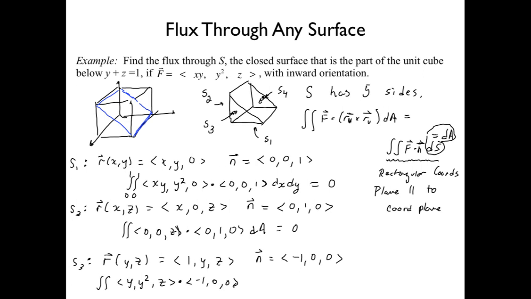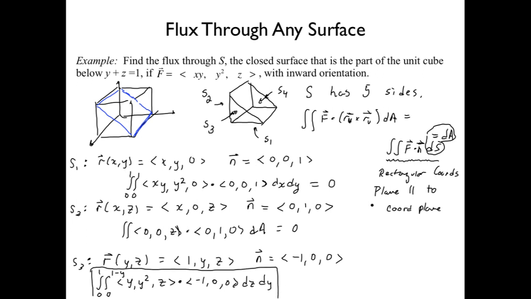We're going to project that into the YZ plane. We could do dz dy, type 1. Z goes from 0 to 1 minus y, and then y goes from 0 to 1. So that's going to be something non-zero.